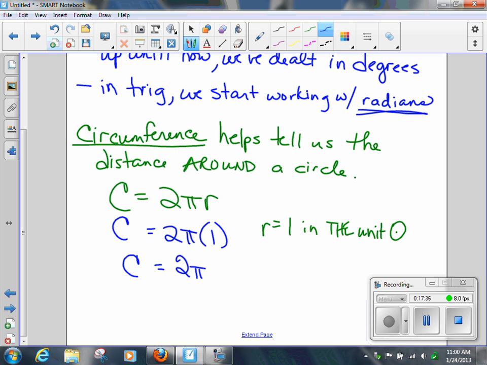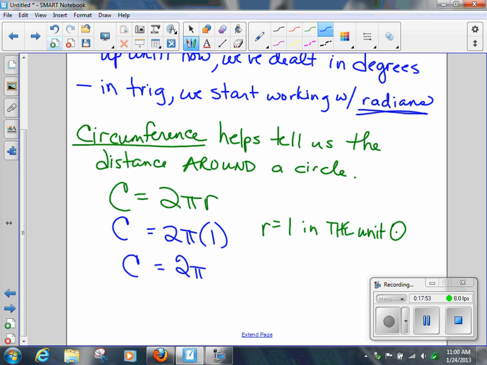What is that? But what is the circumference? Don't give me a value. Tell me what circumference is. It's the distance around the circle.